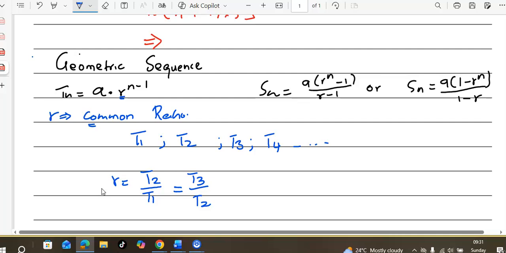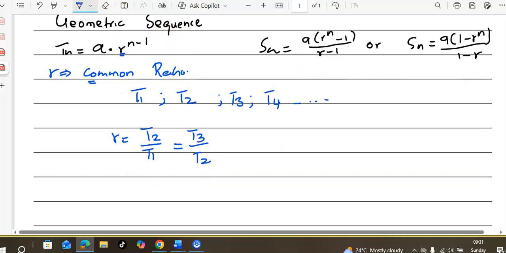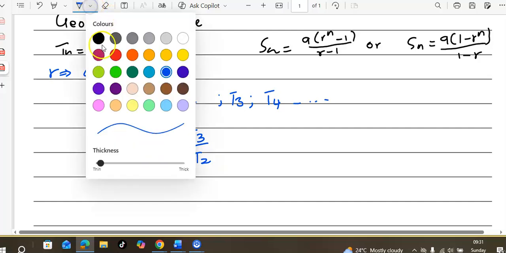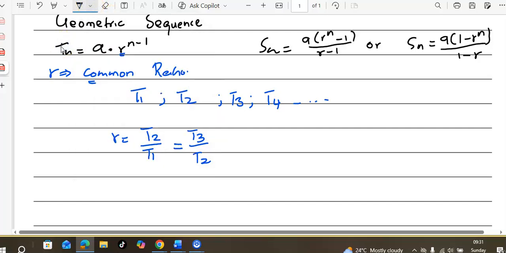Yes, sir. Okay. So now, I'm going to leave you with something. If I say this is my term 1, and this is my term 2, this is my term 3. Just know that term 1 is A, which is the value of A. Term 2 is AR. Term 3 is AR squared.